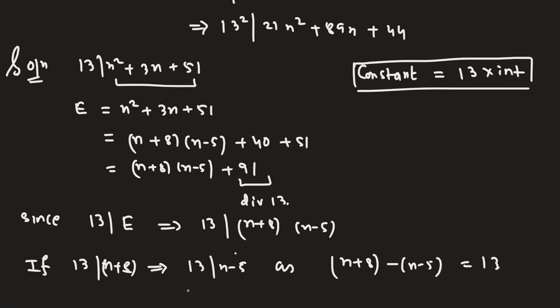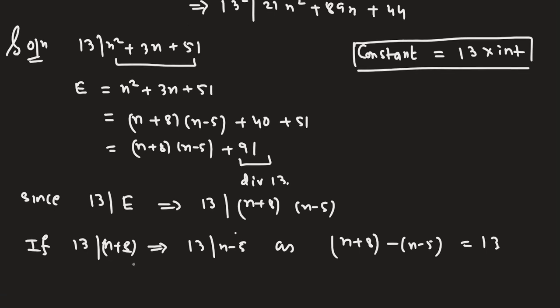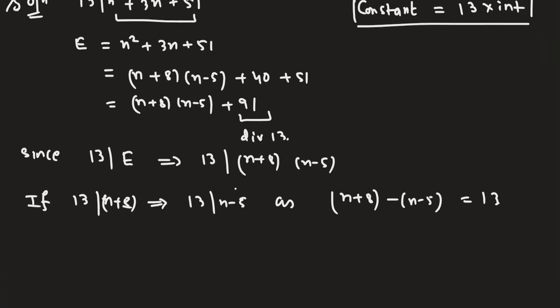So now we can write, since 13 divides n plus 8, n plus 8 is equal to 13p, and n minus 5 is divisible by 13, so n minus 5 is equal to 13q. Here p and q are some integers.